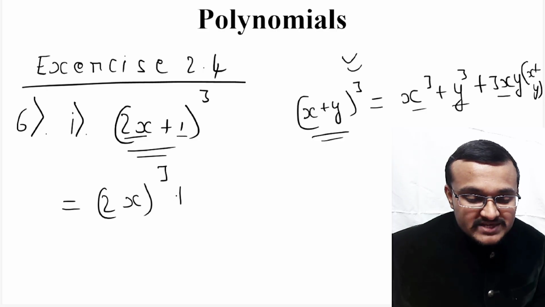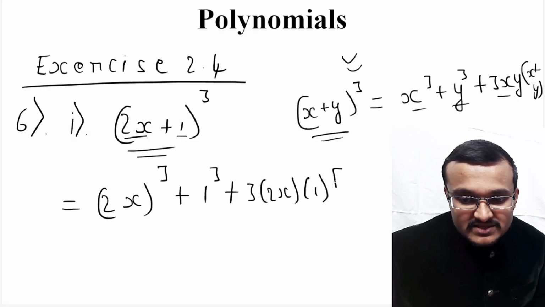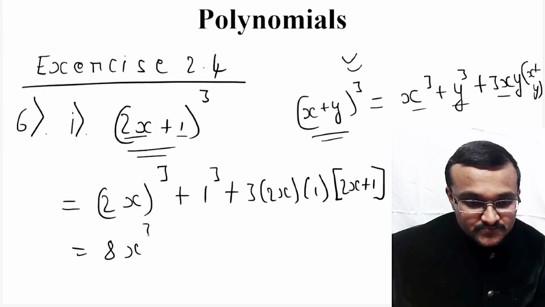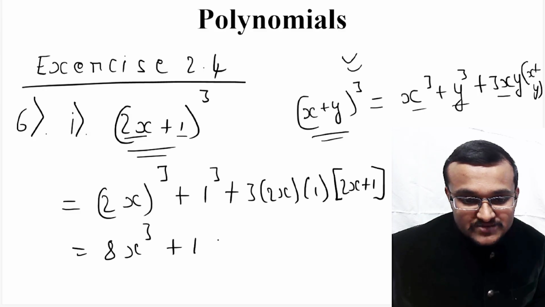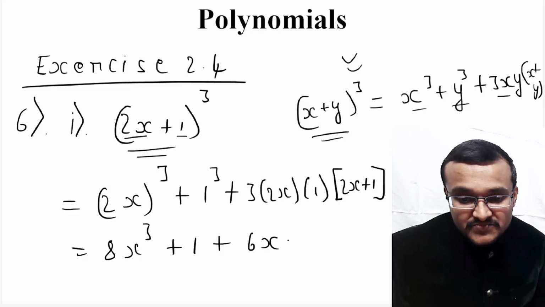So 2x whole cube plus 1 cube plus 3 into 2x into 1, in the bracket 2x plus 1. Now 2x whole cube is 2 cube, which is 8, and x cube. So 8x cube plus 1 plus 6x into 2x plus 1.